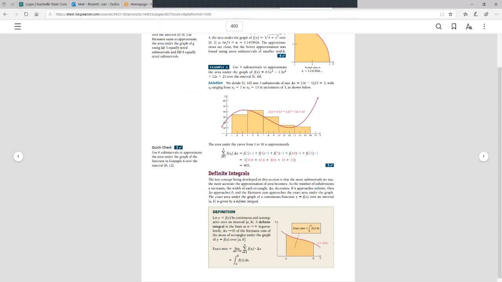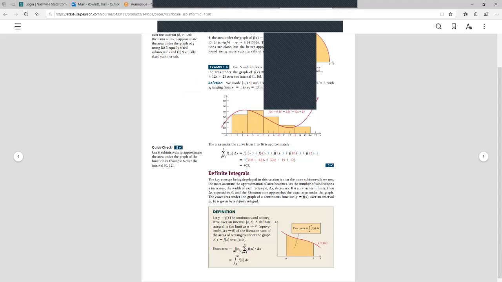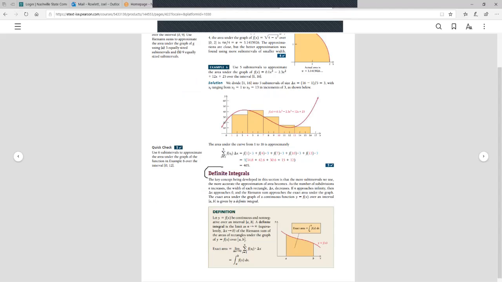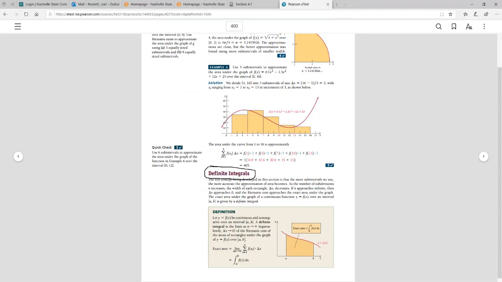Okay. Definite integrals. Here's where it gets to be interesting. With definite integrals, we definitely know our limits. We definitely know our parameters. For example, if you look at the drawing, notice that we're looking from x is a to x is b.